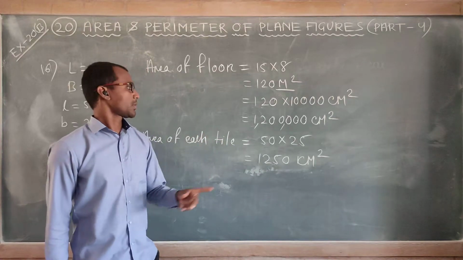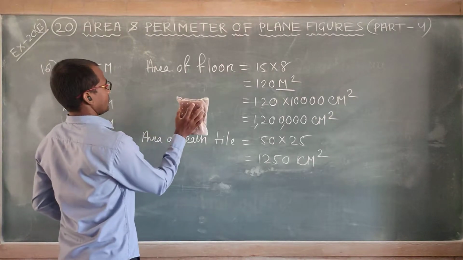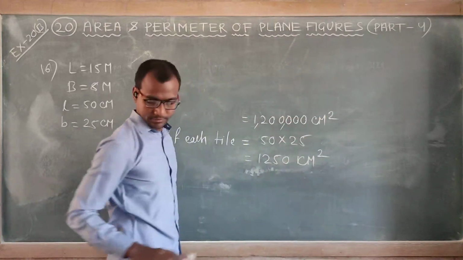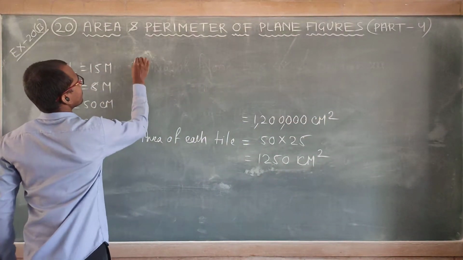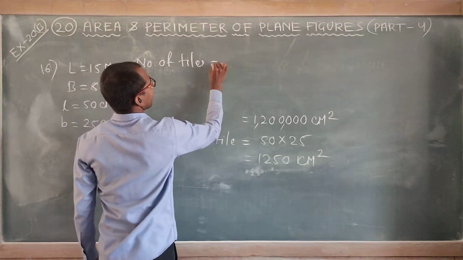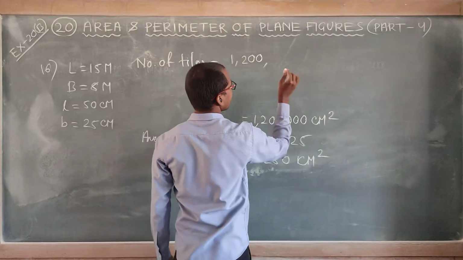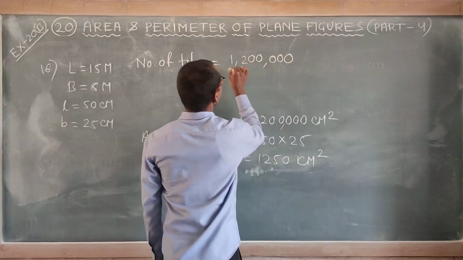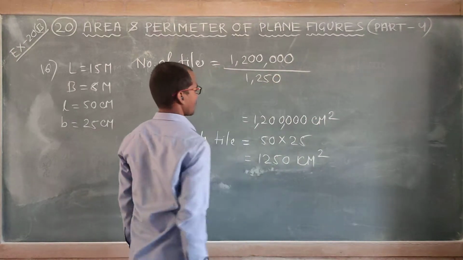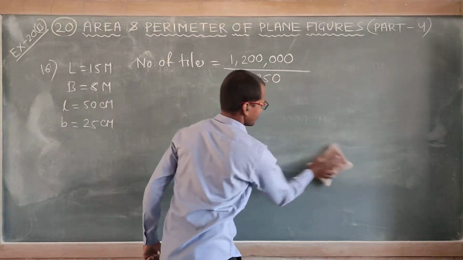So this is the area to be covered, and this is the area of each tile. The number of tiles required will be this by this. Number of tiles is equal to 1,200,000 by 1250.